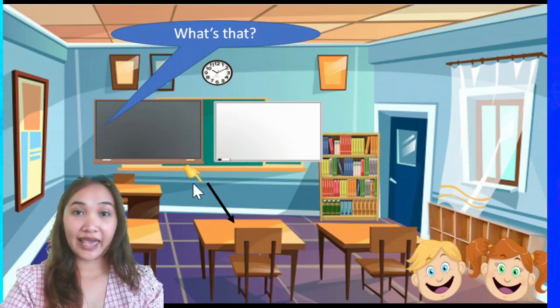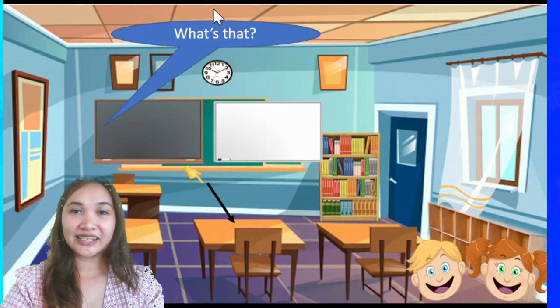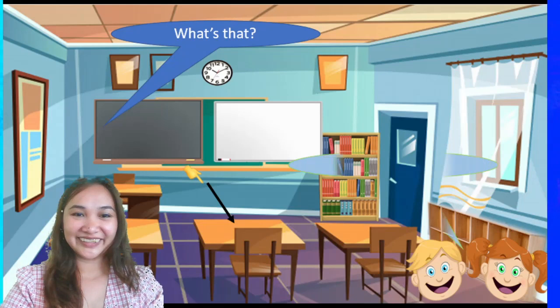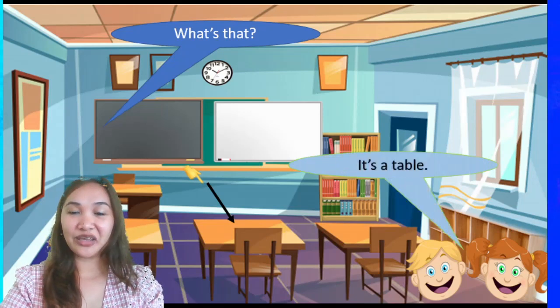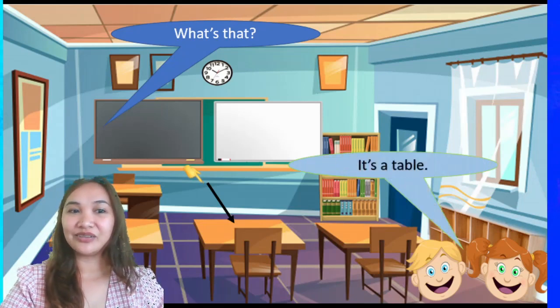Look at the hand pointing to the object. What's that? Look at the hand pointing to that object. So what's that? Okay, very good. It's a table, or you can also say, it is a table.